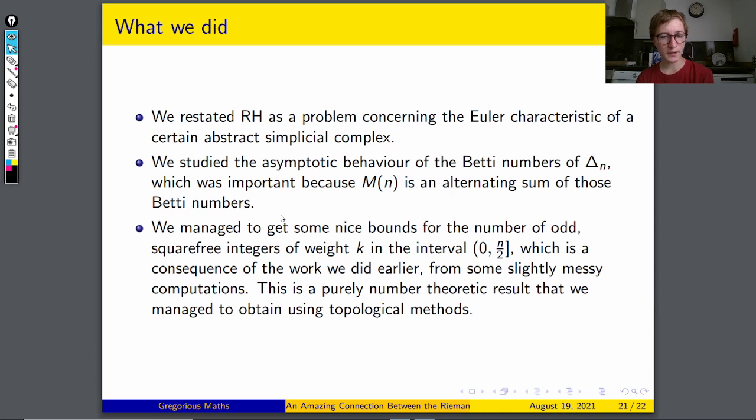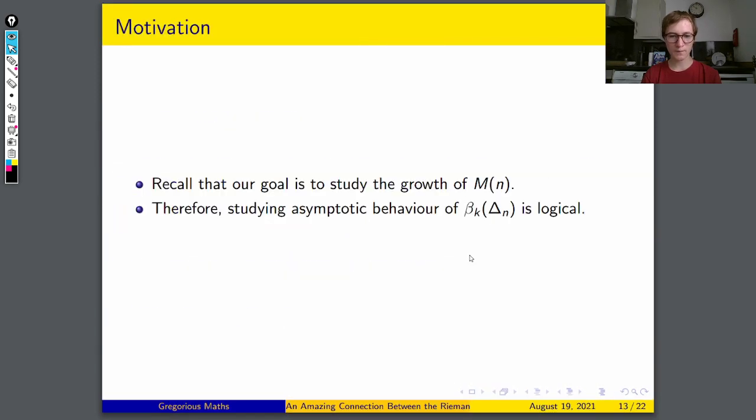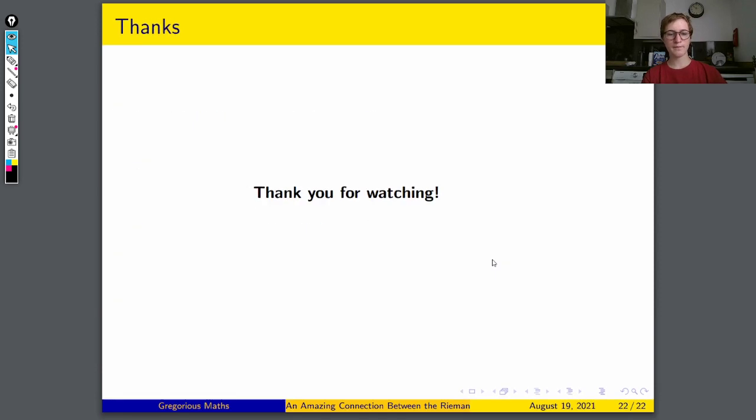And then we managed to get some nice bounds for the number of odd square free integers of weight k, and that's a purely number theoretic result, and the best part is we got it using pretty much topological methods. So hopefully you can see, it's definitely not a thing which is common to see how number theory and topology come together to work together and get nice results.